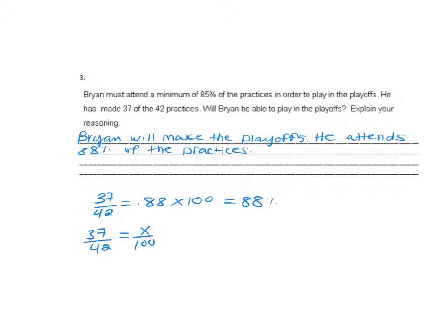Okay, so we'll somehow try to communicate that. This is how I'm going to say it. You can say it differently. 37 out of 42 is 0.88. When you multiply 0.88 by 100, you get 88%.